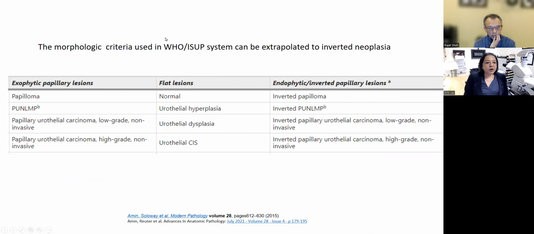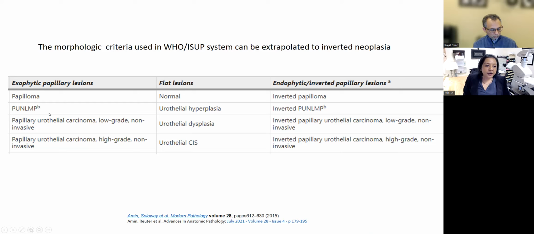And so the morphologic criteria that we use for the WHO system for the exophytic papillary lesions can be directly extrapolated to the endophytic inverted papillary lesions. So if an exophytic papilloma has normal looking urothelial lining, similarly inverted papilloma will have a well regimented normal looking urothelial lining.